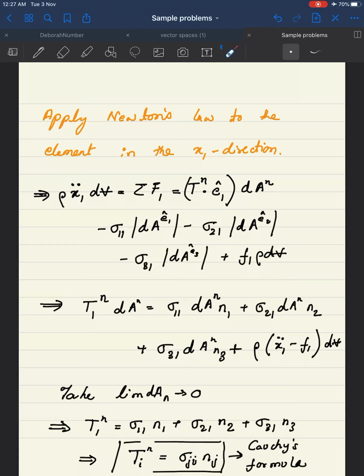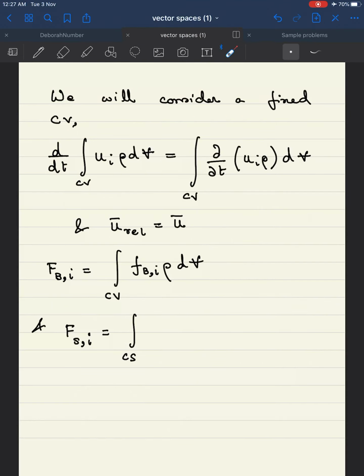So for my control volume, this quantity becomes sigma_ji n_j dA. This hopefully is giving you some idea of where we are headed.